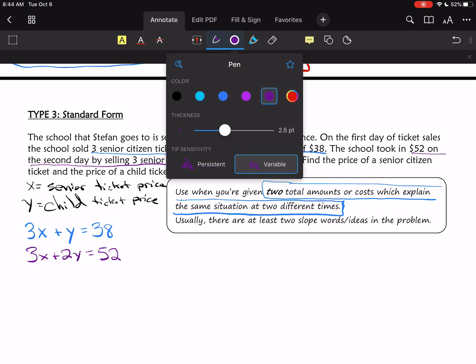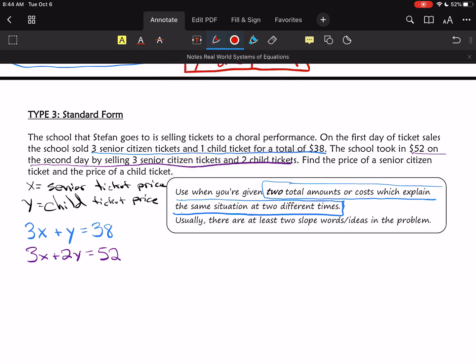Now again, I'm going to use elimination. And I see that my x's are the same number, but not opposite sign. So I'm going to multiply the top one by -1. So my new equations, I would have -3x minus y equals -38. Bottom equation, I would have 3x plus 2y equals 52. -3x plus 3x would cancel. -y plus 2y would leave me with y.